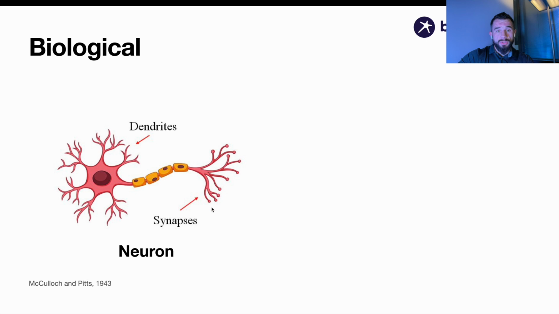See synapses, those dots here. Synapses are points of connection of the current neuron to others. So a neuron is just a unit of a large network of neurons, or neural network.